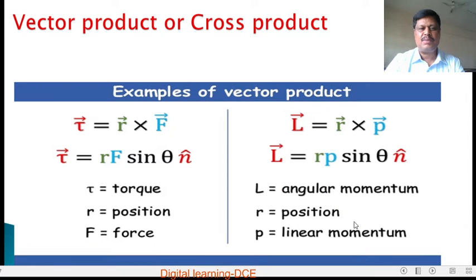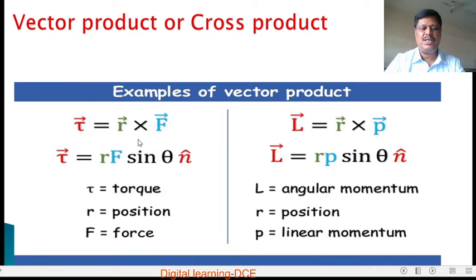The examples of cross products are tau is equal to r cross f, where tau represents the torque, r represents the position and f represents the force. Here r is the position vector, a vector quantity, and force is also a vector quantity.